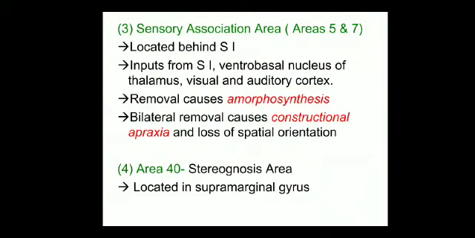So this is the function of area 5, which is present behind the somatosensory area 1 and is responsible for the passive or active rotation of a joint, and it also responds to tactile stimuli.